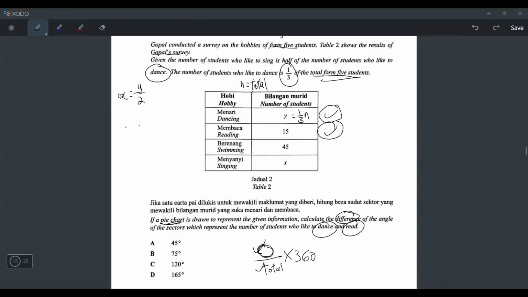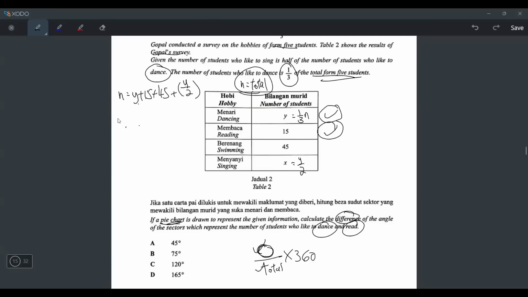Okay, so let's think. X is equal to Y over 2, right? Because the question mentioned it. Since n is the total, it means everything added together should be equal to n. So n must be y plus 15 plus 45 plus x, right? But we know x can be replaced with y over 2, and y can also be replaced with 1 over 3n.